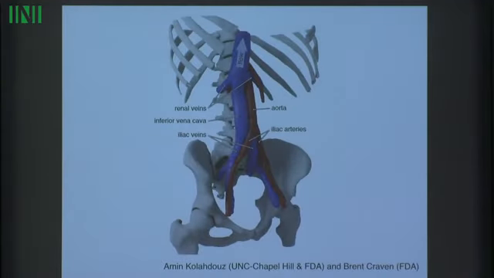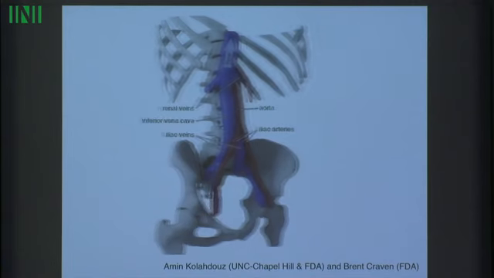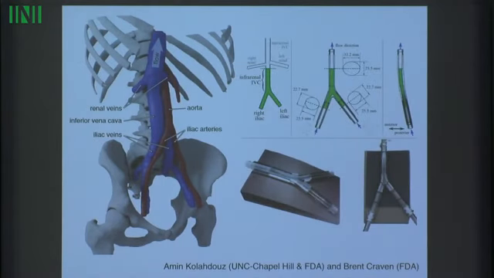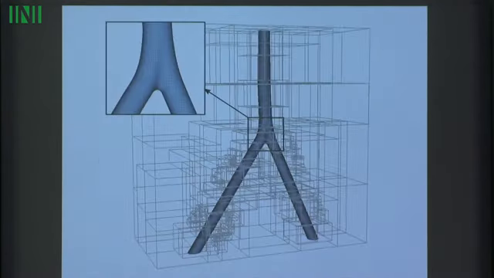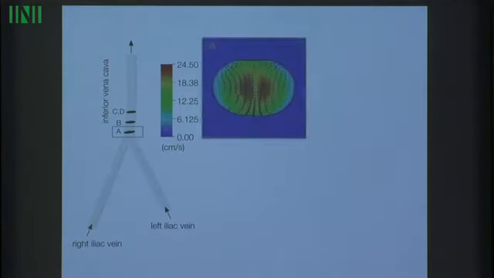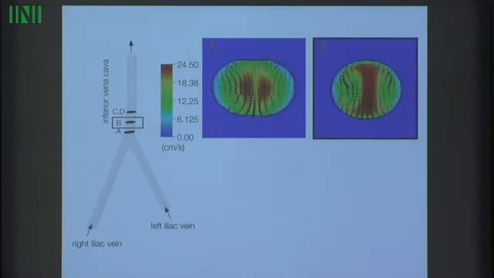What we're developing this for is a project with the FDA on modeling flow in the inferior vena cava. If we look at flow in this patient-averaged inferior vena cava model, just down past the confluence of the right and left iliac veins, you get these complicated flow patterns.